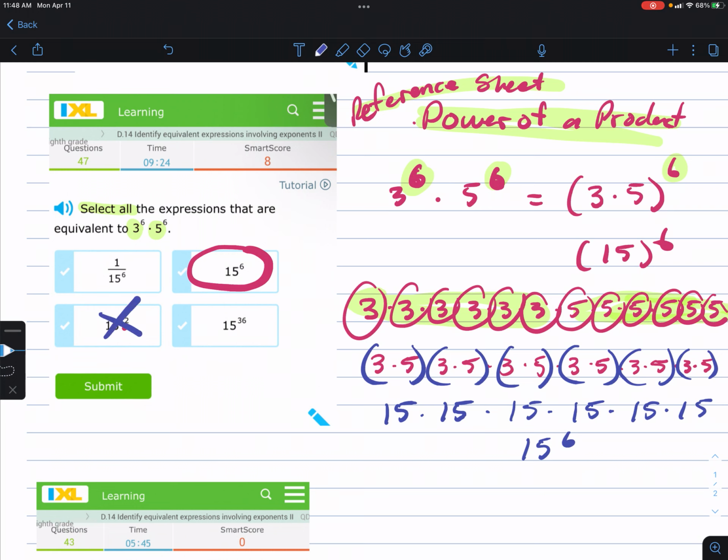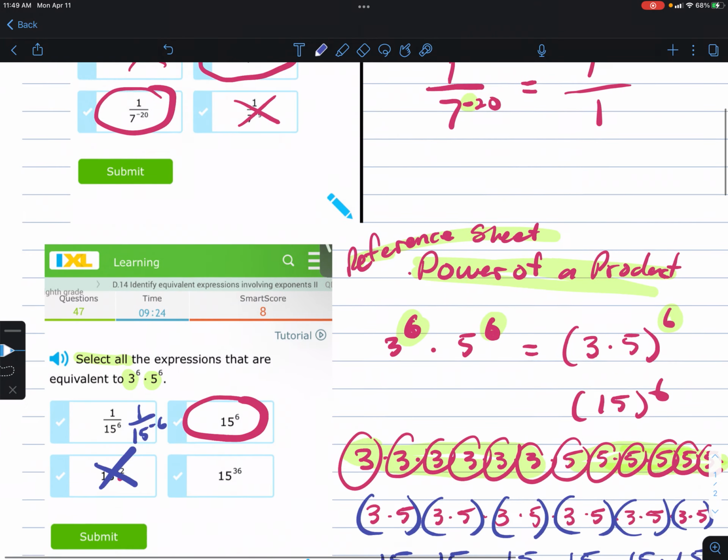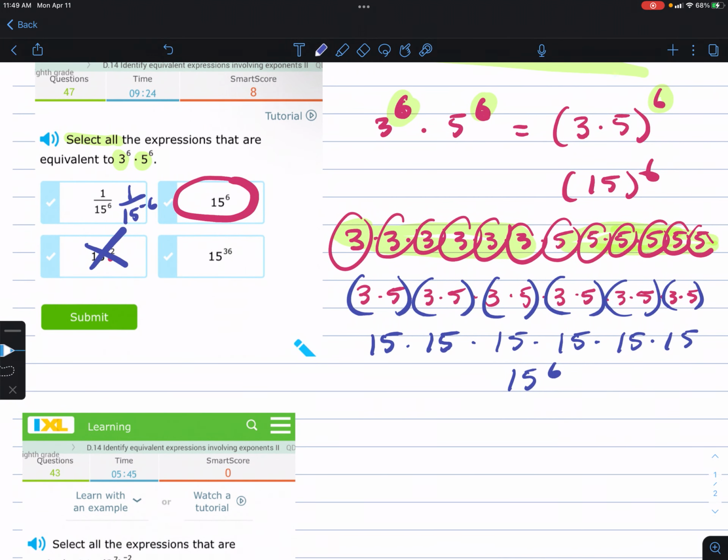It's not going to be 1 over 15 to the 6th power, because there are no negative exponents here. If that was 1 over 15 to the negative 6th power, we could do that for the same reason up here that I was able to do the 7. And 36, I guess they did 6 times 6 here. They're trying to say they did 3 times 5 and got 15.